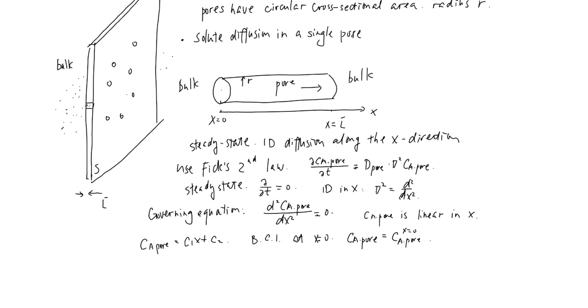We still don't know what CA is at x equal to 0. We just give it a symbol. At this point, we don't know the concentration because it depends on the exact biophysical problem, but right now we use it as a placeholder. We just say at the boundary, if this is the concentration, let's give it a name. Let's call it CA in the pore evaluated at x equal to 0.